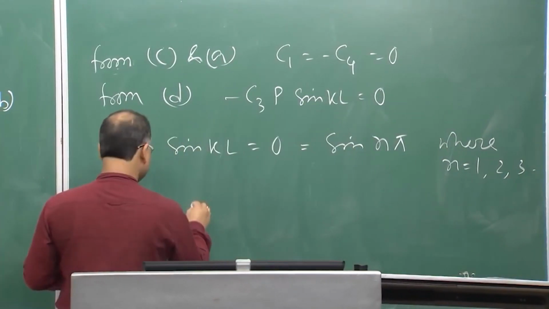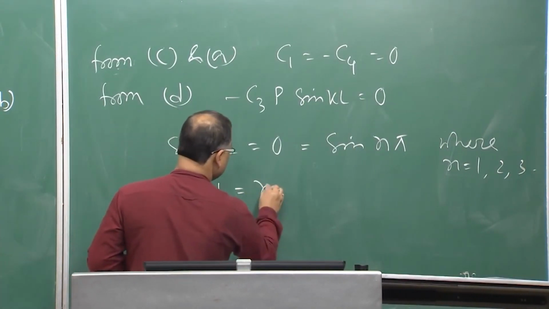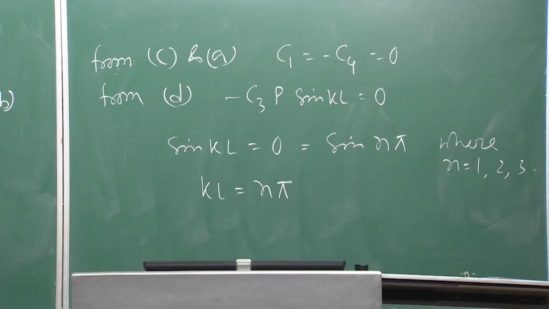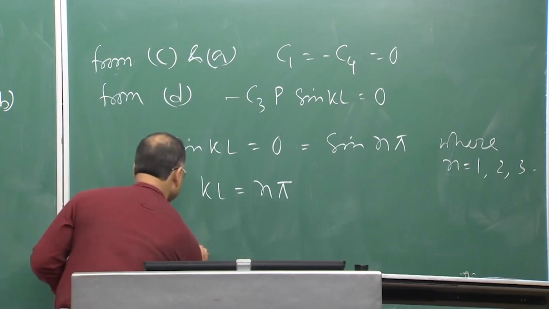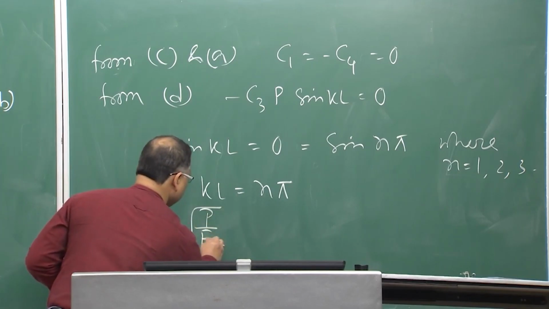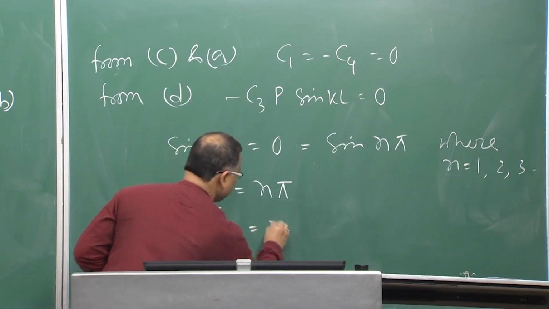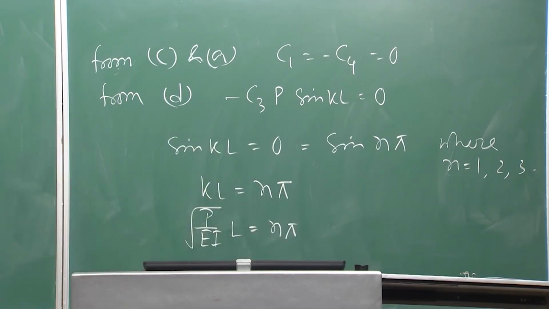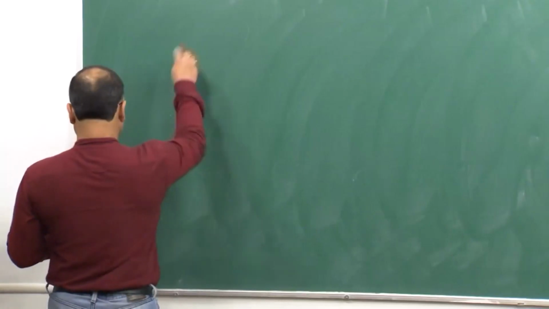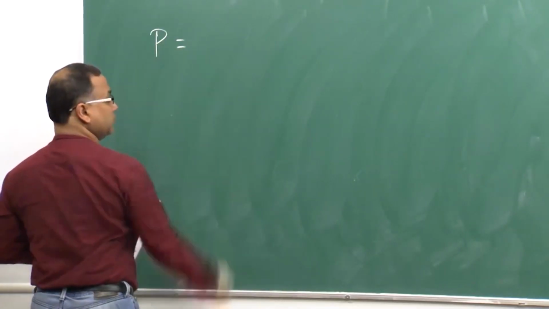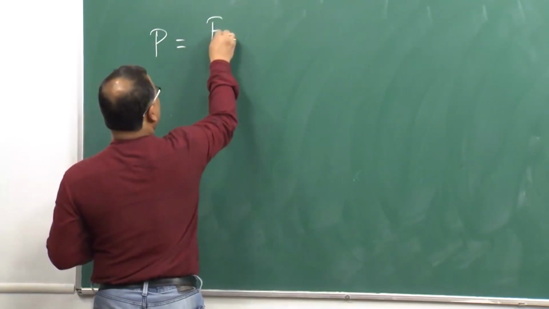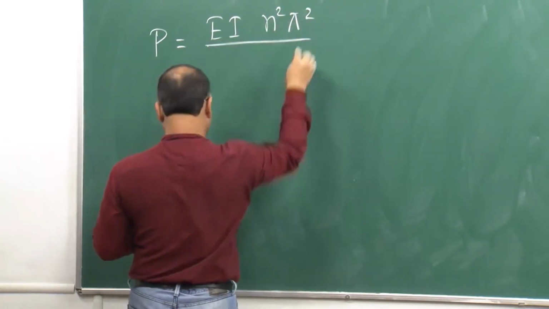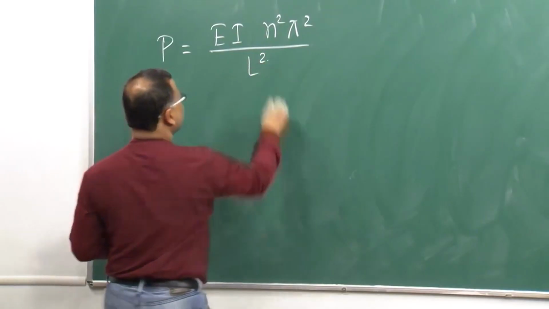From this I can simply write KL equal to n pi. Now, what is K? K is nothing but root over P by EI, so root over P by EI into L equal to n pi. From this we can write P equal to EI n square pi square by L square.